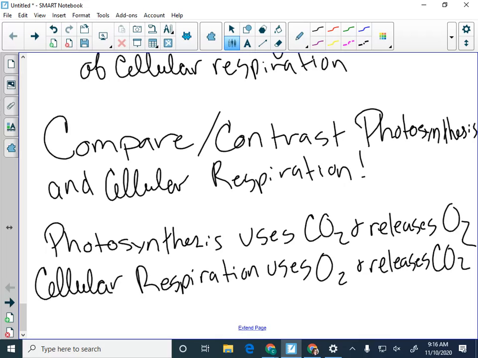So plants, when they build up sugar, they also have to have the ability to break it down. So it's not like plants do photosynthesis and animals do cell respiration. Plants do photosynthesis and cellular respiration. Animals just do cellular respiration. I'll probably say that a million times, but it's really easy to think, oh, plants photosynthesis, animals cell respiration. Mm-mm. Everybody does cell respiration. Only plants do photosynthesis.